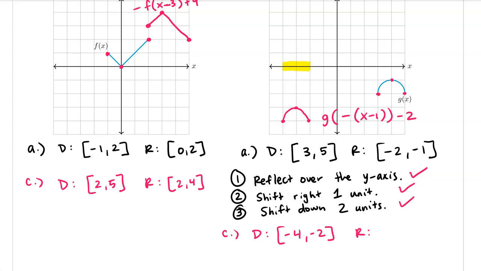And then our range is not very big. So those are the y values being covered. That looks like -4 to -3. And there is our last bit of final answer for this example.